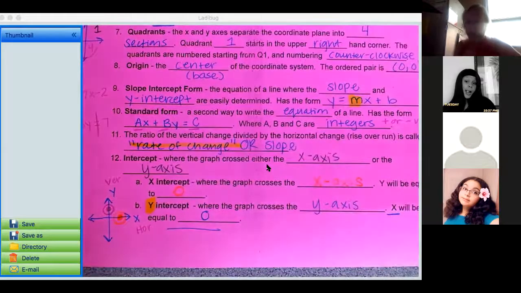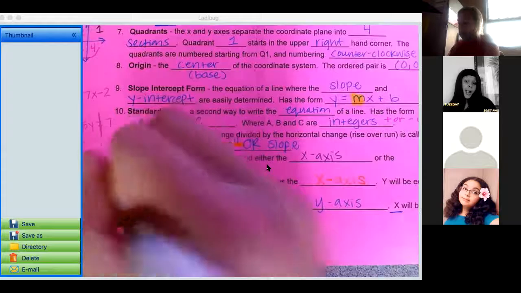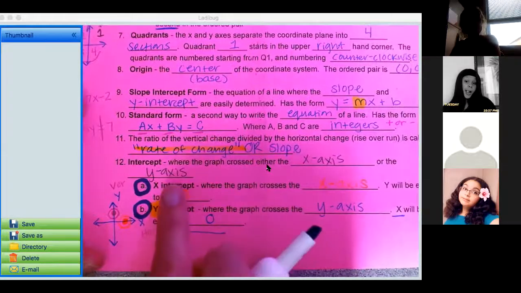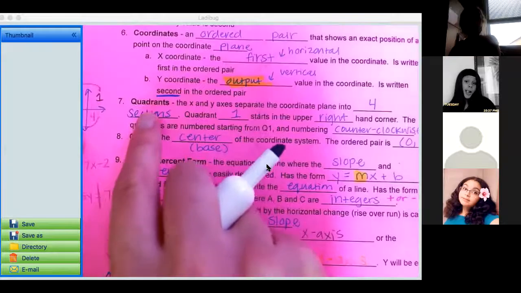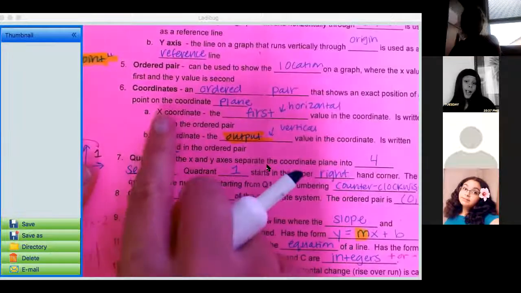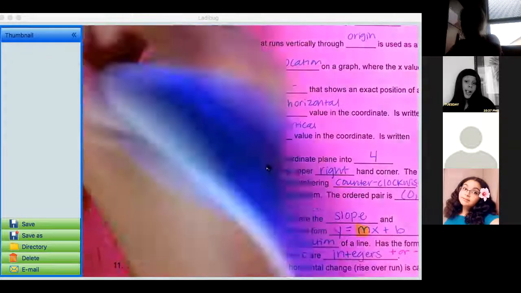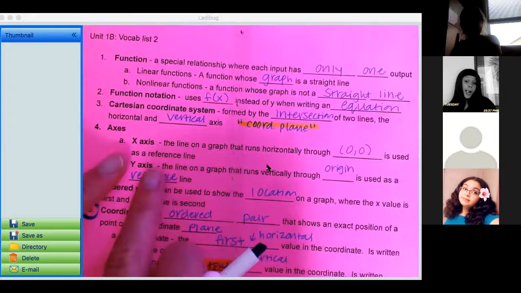So I know it looks like you have 12 words. This is why it's really good that all of y'all are on the live today. Okay, look at this. Technically, there's an X and Y intercept, right? So that's 1, 2, 3, 4, 5, 6, 7. Coordinates, I don't need you to do one for X or Y. I'm okay if you just keep coordinates as one card, okay? So 8, 9, right here.